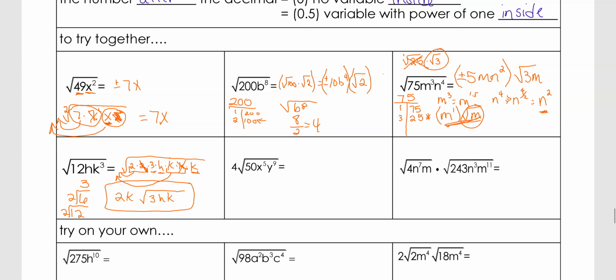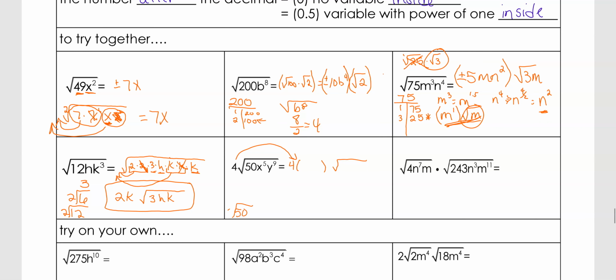All right, our next one has a coefficient in front. So remember, coefficients will just be included as part of the outside. So I'm going to go ahead and transfer that 4 over. And I'm going to put everything that's on the outside in parentheses. And then I'll have my square root of something. Okay? So we're going to factor 50.